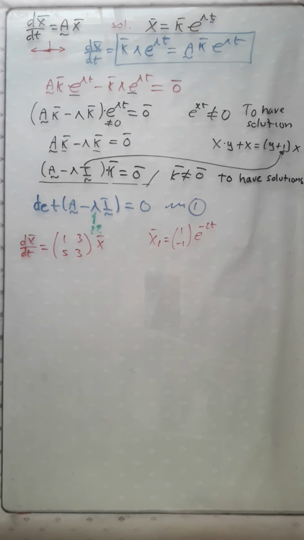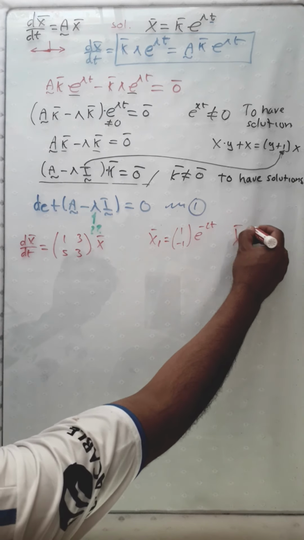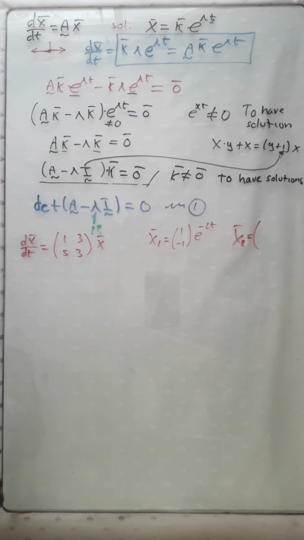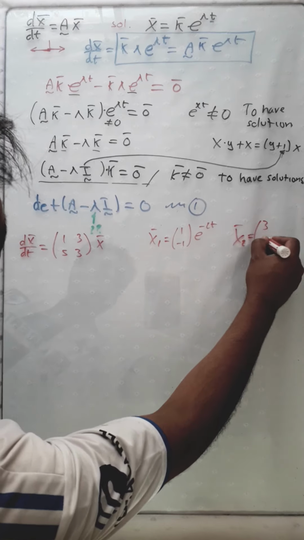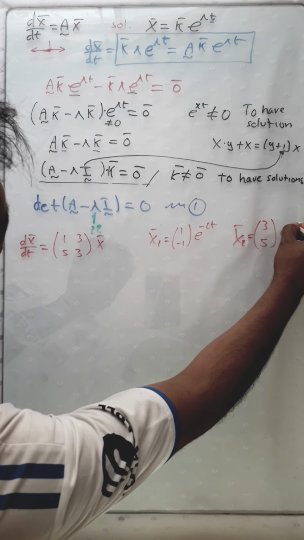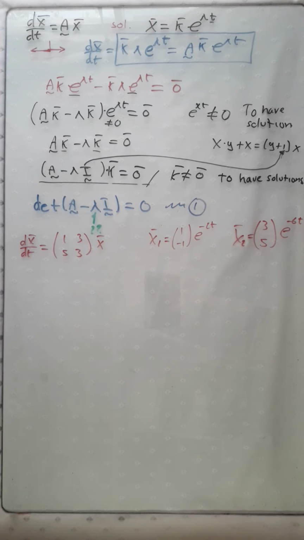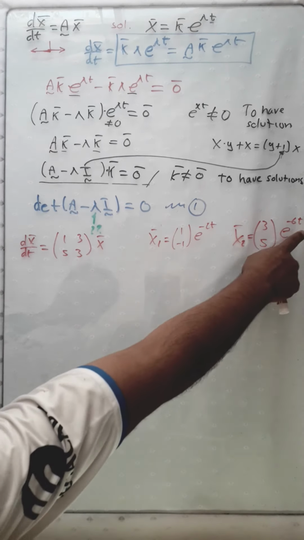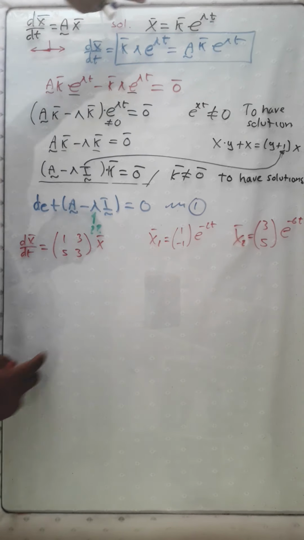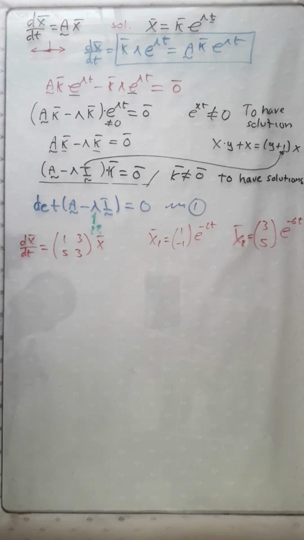And then the second solution was the vector 3 and 5 times exponential of 6t. Okay, now what we are going to do is use this formula to find the values of minus 2 and 6, because they happen to be the values of lambda. Okay, so let's do it, engineers.